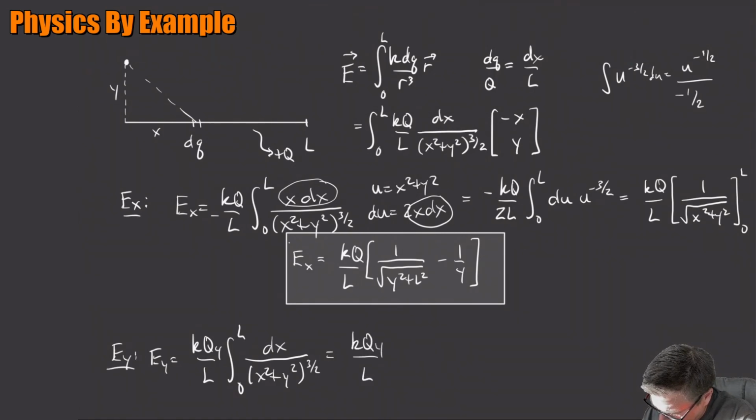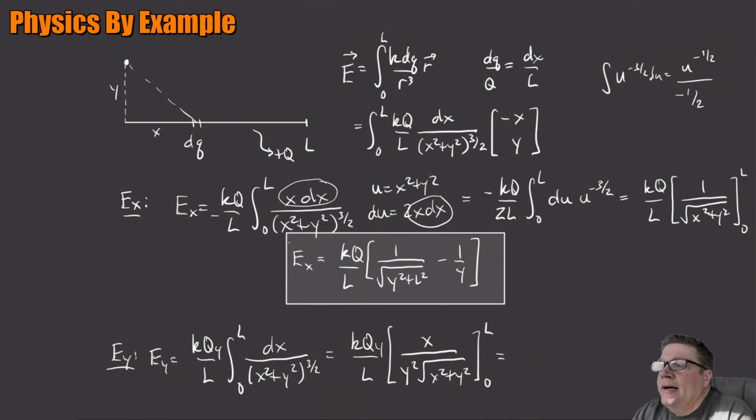kqy over L, and that was what? x over y squared times the square root of x squared plus y squared. Again, one of these y's goes away. If I plug in L for x, now that cancels the L on the bottom. And when I plug in 0 for x, I get nothing, right?